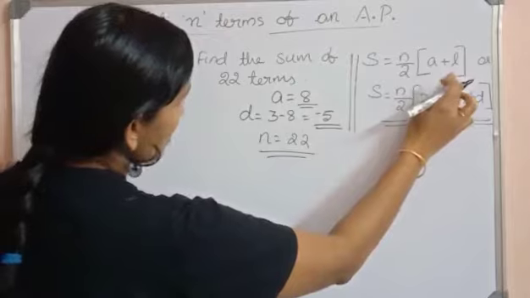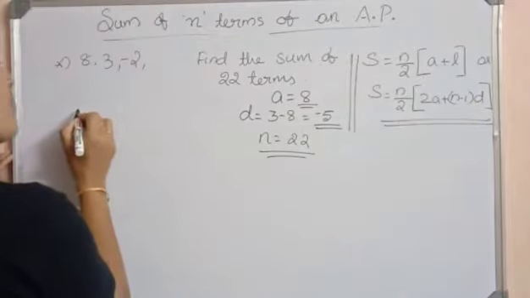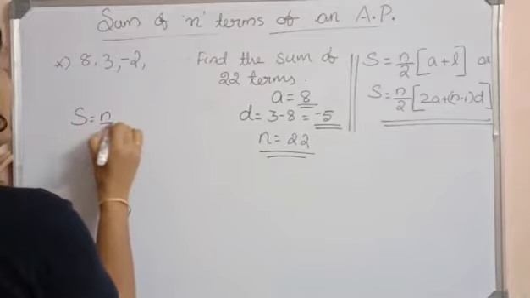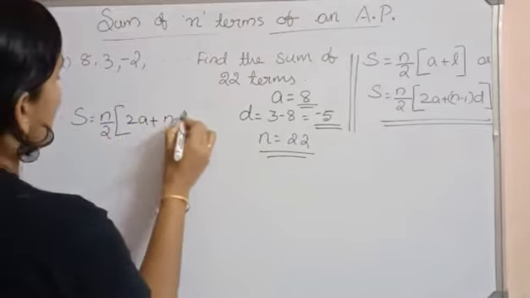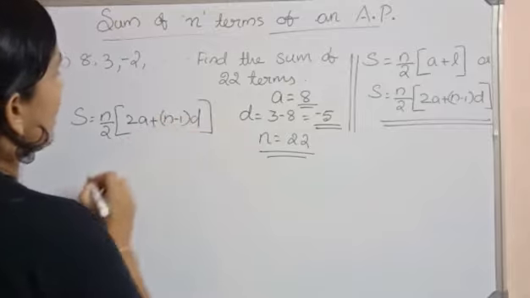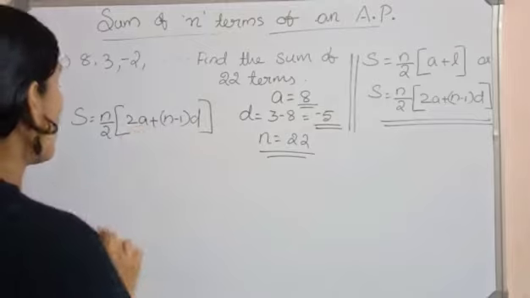When we have a, d and n, we can use this formula to find the sum. If the last term is given, we can use the other formula. So write the formula: S is equal to n by 2 into (2a plus (n minus 1) into d). Now substitute the values of a, d and n in this formula.